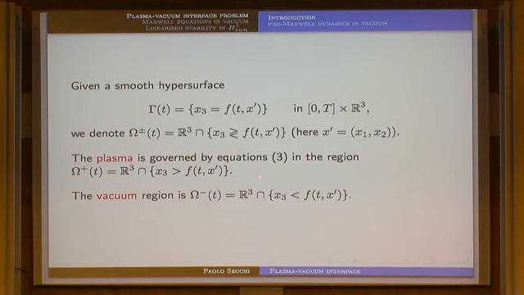And we consider the equation that I wrote before for the MHD only in the region omega plus. So this is my plasma region. And below, so gamma is your free boundary. Yes, it is a free interface between plasma above and below vacuum, where we have magnetic and electric field.